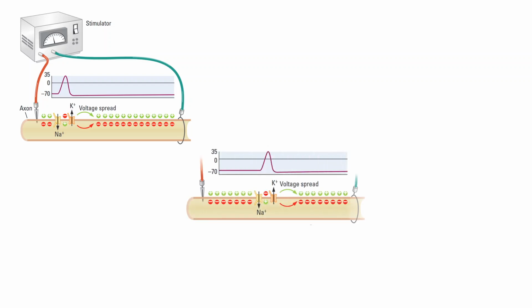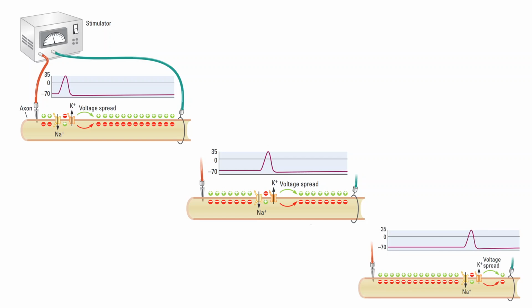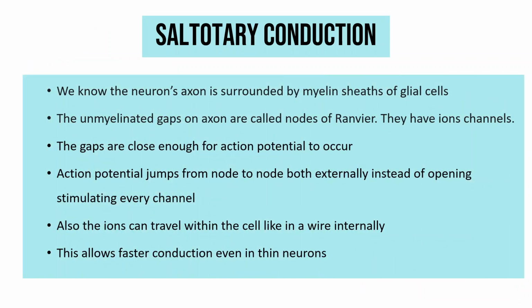So overall, this is what happens. The action potential on one side, or the charge difference on one side, stimulates other gates as well. This causes a charge difference to travel across the neuron, and we can measure it through our electrical instruments. And it is called saltatory conduction. So we know that the neuron's axon, especially in mammals, is surrounded by a myelin sheath, or insulation of glial cells, that we observe through a microscope.